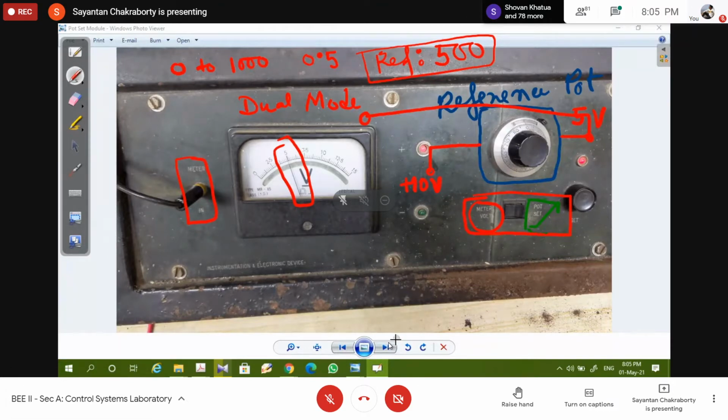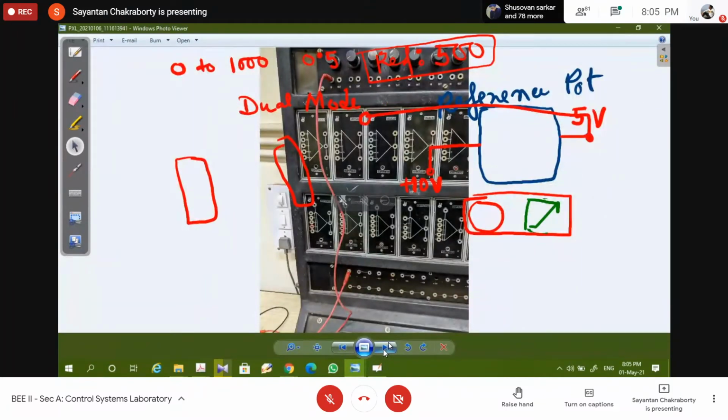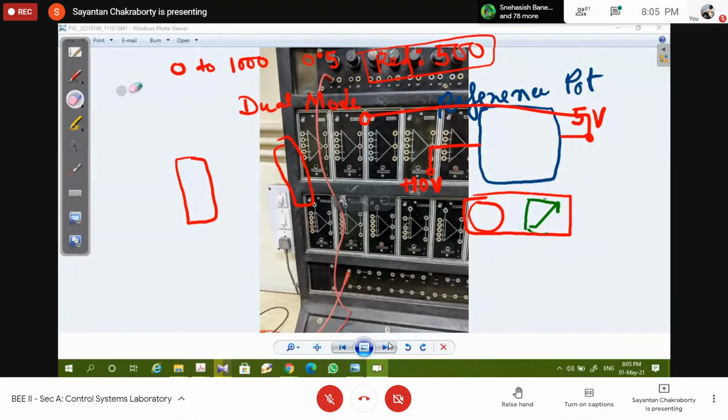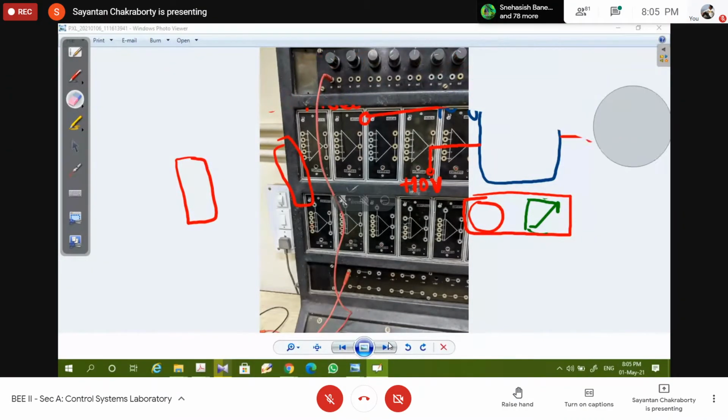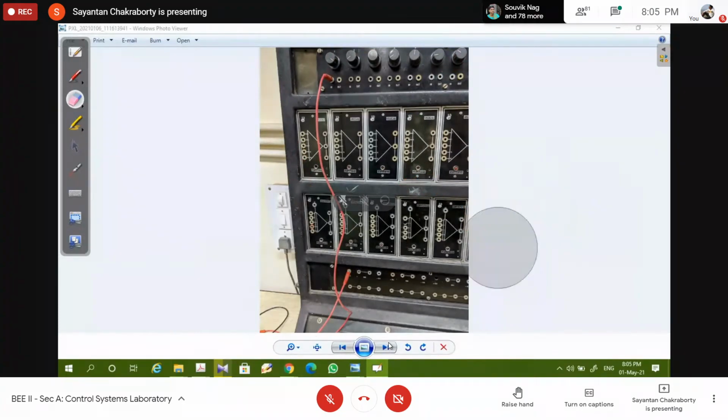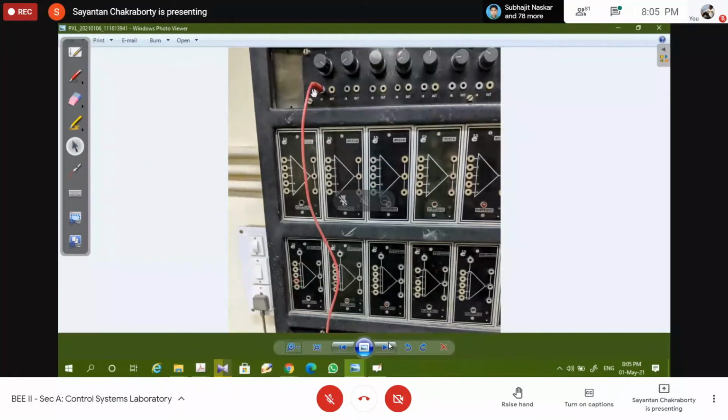So what I'm doing is connecting the same 10 volt supply to port number 1. Right?